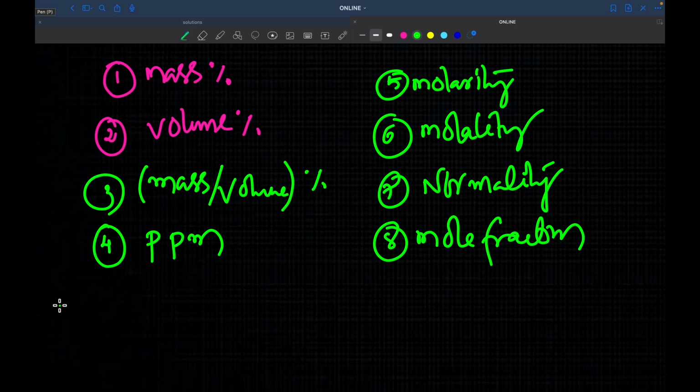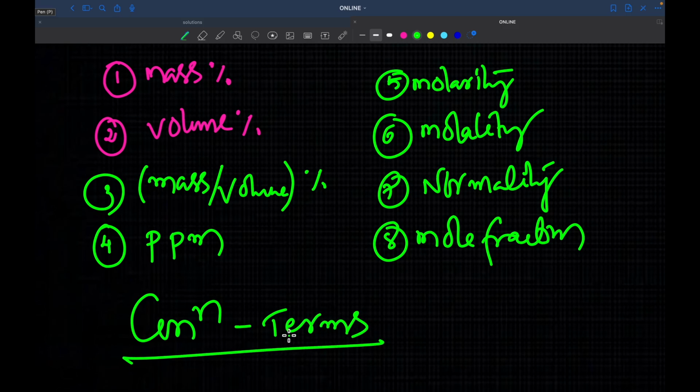So there are 8 concentration terms: mass percentage, volume percentage, mass by volume percentage, parts per million, molarity, molality, normality, mole fraction. We should be able to know all their definitions and formulas. Then only 75% of our lesson will be completed, right?